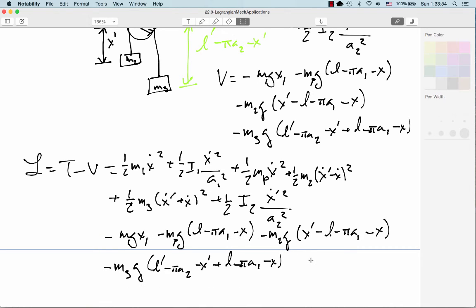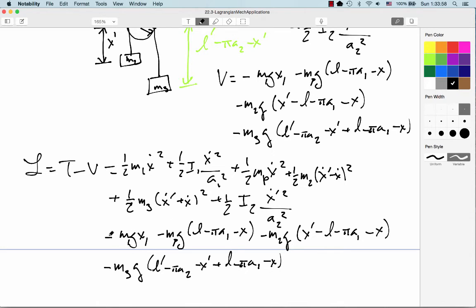There. And since that's minus V, I have to go through and make all these minus signs positive. All right. Well, that's something.